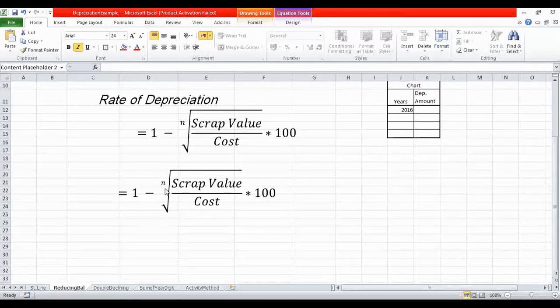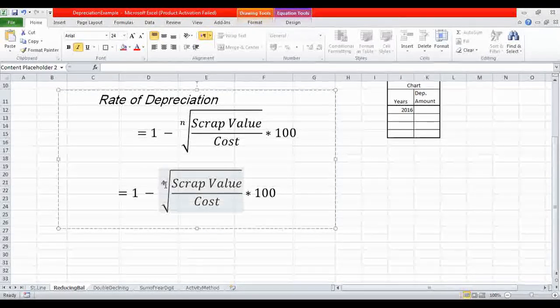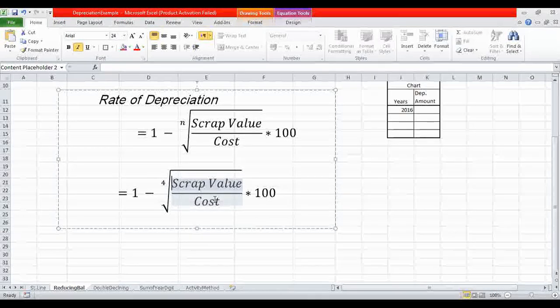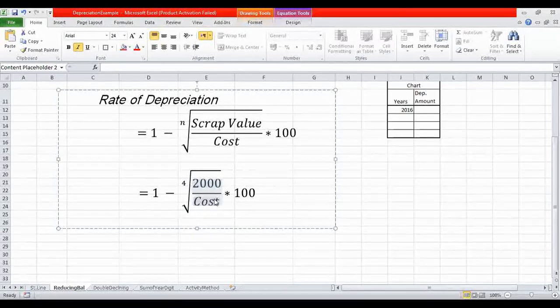This becomes 4 because the number of years for us is 4. The scrap value is 2,000. Our cost of this plant is 18,000.